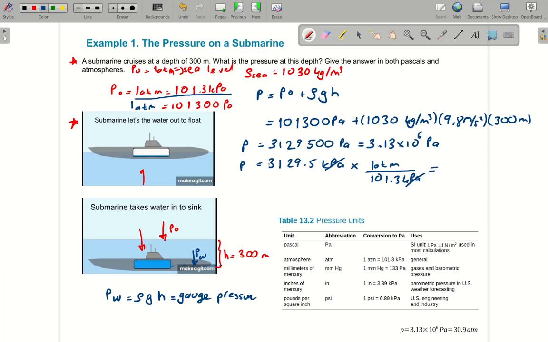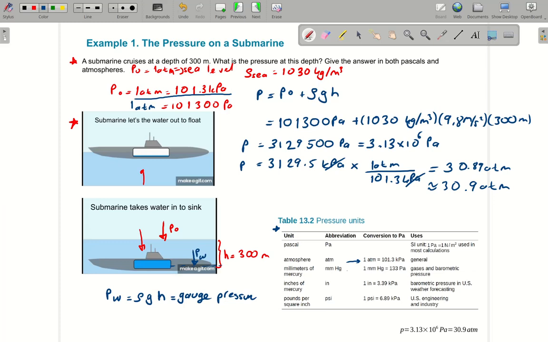Simply dividing this by 101.3 will be converting it to atmosphere. And that will be 3.89 atmosphere. No, sorry, 30.89 atmosphere. Rounding up, we can say about 30.9 atmosphere. And here, I added the conversion table for us to check again.